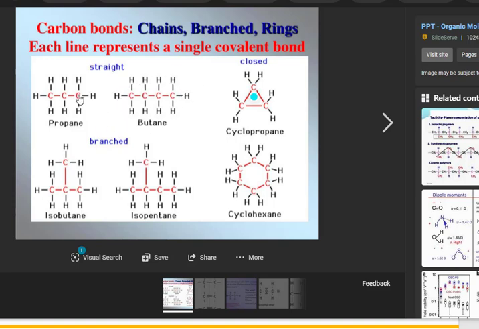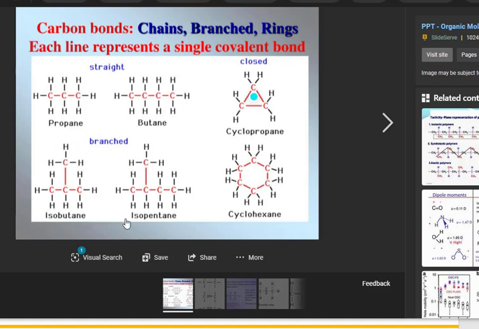But you can also take propane and put the carbons in a triangle like this and put the hydrogens like this. And so you have cyclopropane, or propane that's kind of in a circle. You can have isobutane. So here's butane like this, but you can branch it off. There's 3. So you still have 4 carbons, but you have all of these hydrogens.